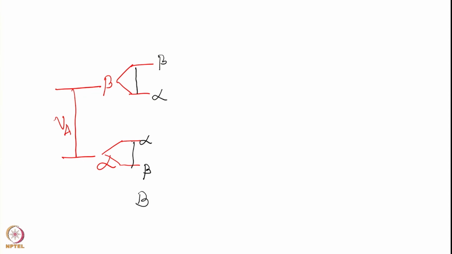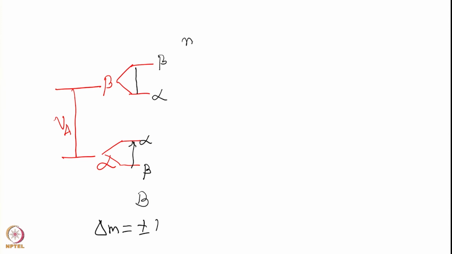Similarly here. Now, what are the transitions possible here? The transitions will depend on delta m equal to plus minus 1. So, instead of this one transition, I will have 2 transitions now. Which are the 2 transitions possible? I can have a transition from m equal to 0 to 1. So, what is the m value for the beta beta?